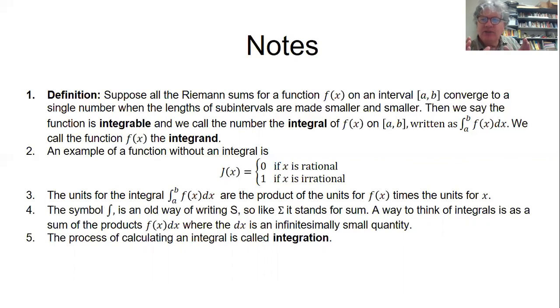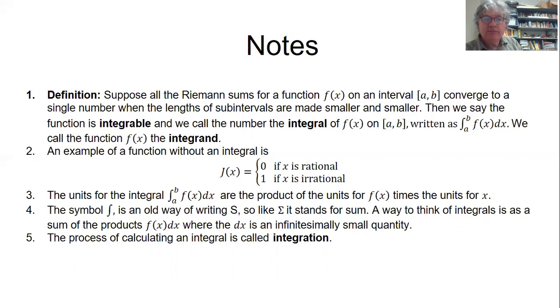If you try to integrate that on [0, 1] and sample all rational points, the answer is going to be 0. If you sample only irrational points, the answer is going to be 1. It depends on whether you choose rational or irrational points, so you can get any number between 0 and 1. That doesn't make sense, so we just say there's no integral for that.